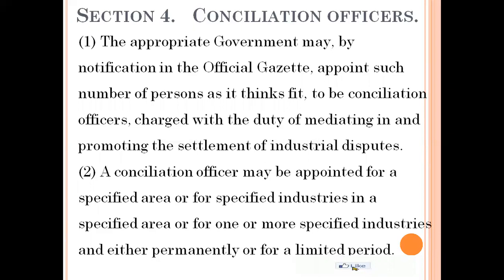So they act as a middleman, mediating and promoting the settlement of industrial disputes.